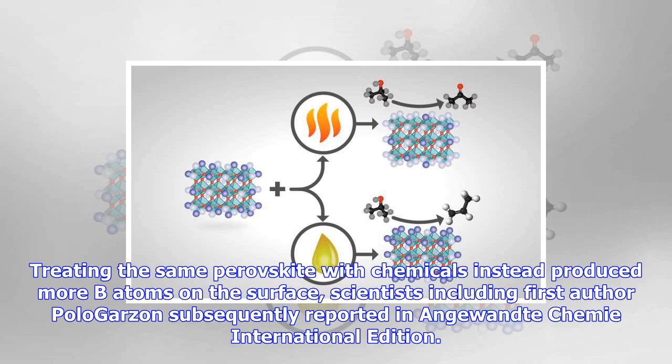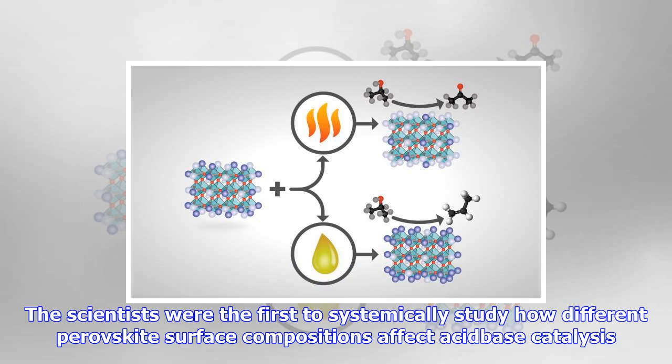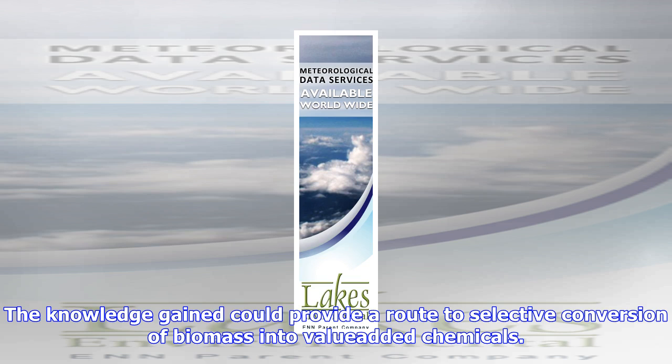Treating the same perovskite with chemicals instead produced more B atoms on the surface. Scientists including first author Polo-Garzón subsequently reported in Angewandte Chemie International Edition. The scientists were the first to systematically study how different perovskite surface compositions affect acid-base catalysis. The knowledge gained could provide a route to selective conversion of biomass into value-added chemicals.